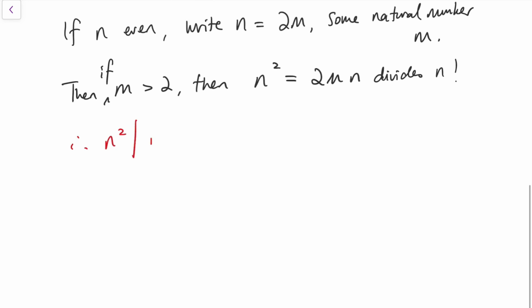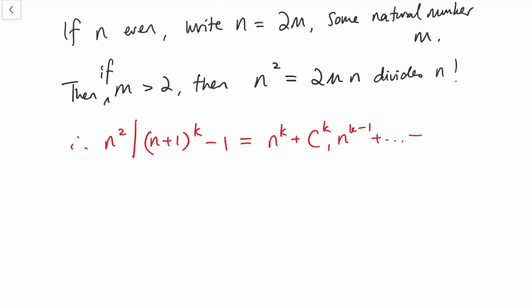Therefore n squared divides this expression, and by the binomial theorem we can write that as n to the power k plus k choose 1 times n to the power k minus 1, all the way down to k choose k minus 2 times n squared, and then plus k choose k minus 1 times n, plus 1 minus 1.